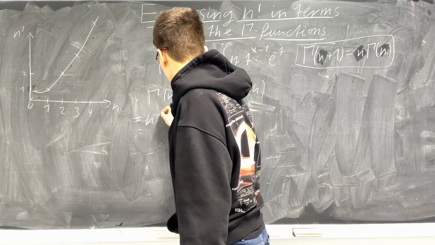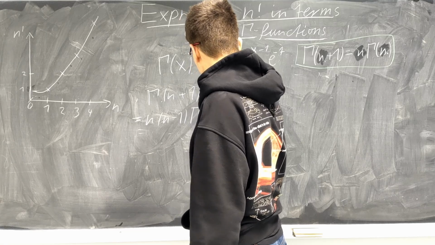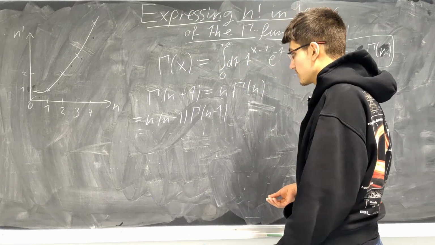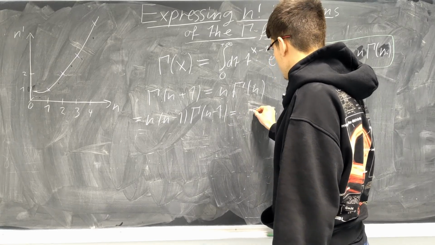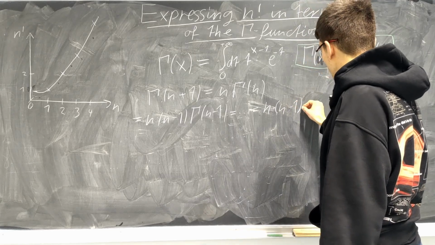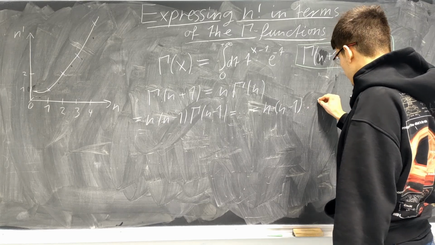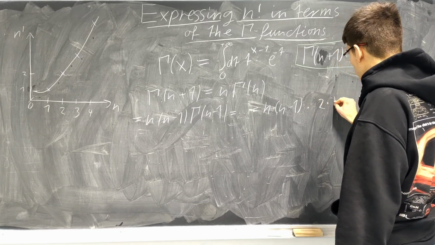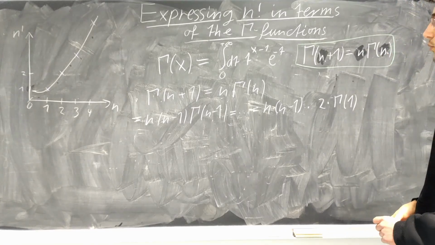We can also do the same thing with n minus 1. So this works, and let's not stop there. We continue until we reach gamma of 1. What is gamma of 1?